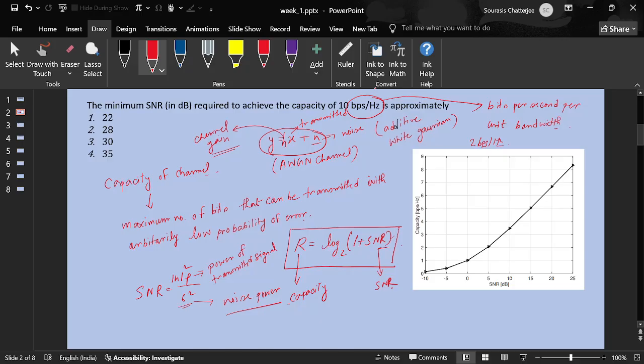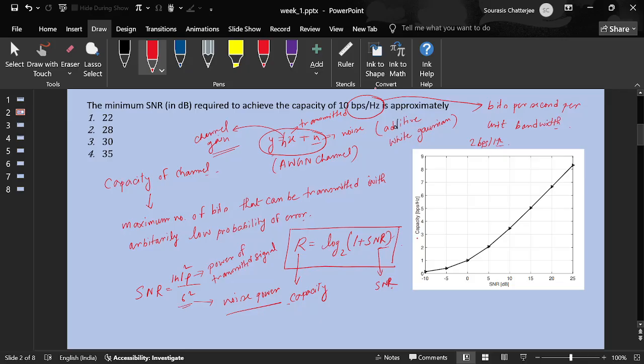Yes, so my per second received information is going to be much higher. For example, when I am close to the base station, I might be getting a capacity or spectral efficiency of 10 bps per hertz. So per second per unit bandwidth I am getting 10 bits, whereas when I am far from it, I might get 2 or 3 bits. So when I am far from the base station, I will take a lot more time, right?